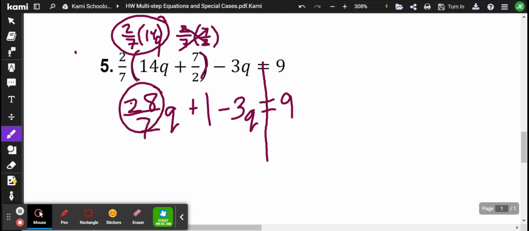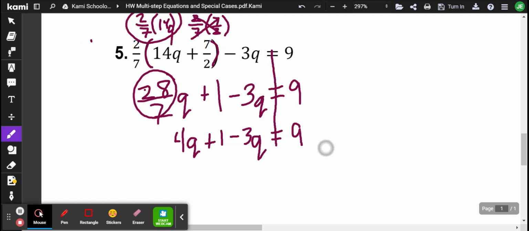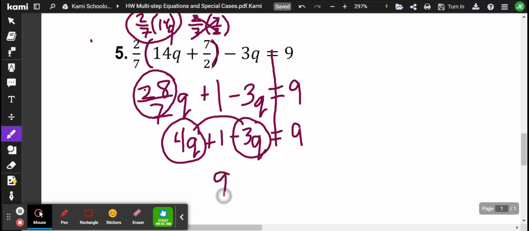So this is going to simplify to 4q plus 1 minus 3q equals 9. And we're left with like terms on the same side, 4q minus 3q, which is going to leave us with 1q, and that is equal to 9.